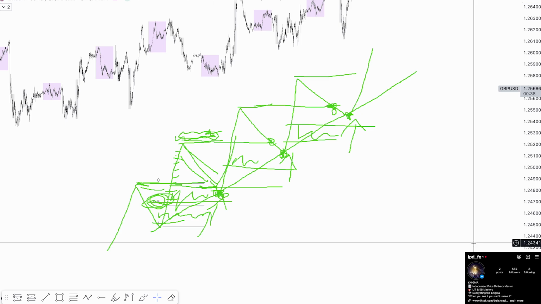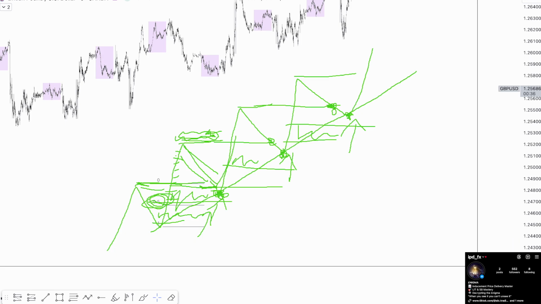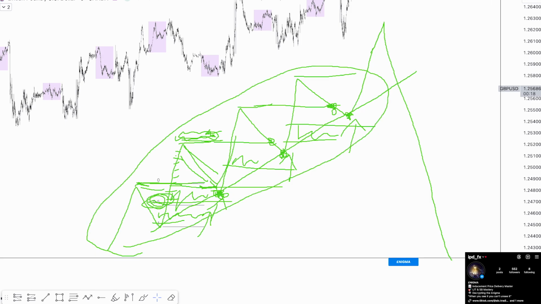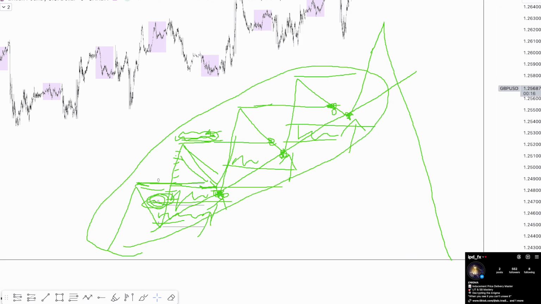We have a creation, a build-up of liquidity to the upside. What we want to look for is the takeout of all this liquidity. So this is a way to identify liquidity in the market, very basic.